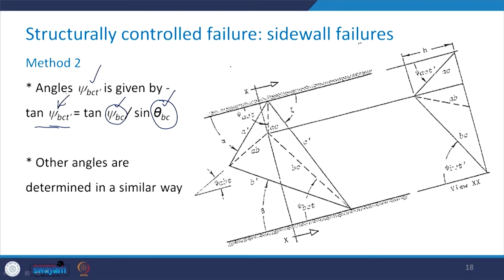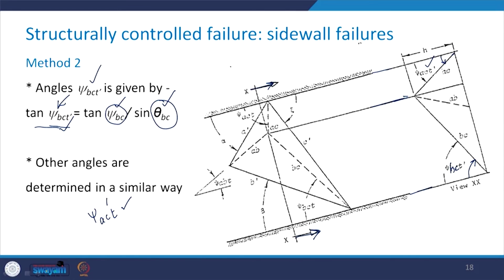So we can determine psi BCT prime, and similarly we can get psi ACT prime. Now once I know this and this, I can just take the projection of these points in the XX direction and draw a line having an angle psi ACT prime in this manner here and psi BCT prime in this manner.